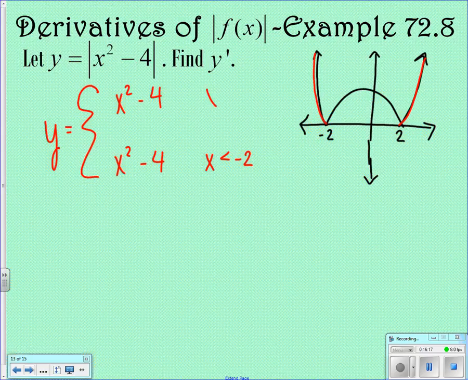And then when x is greater than 2. And then the part in between is the part that was affected by the absolute value. And so that would be your piece, and that would be if, whoops, -2 is less than x is less than 2.